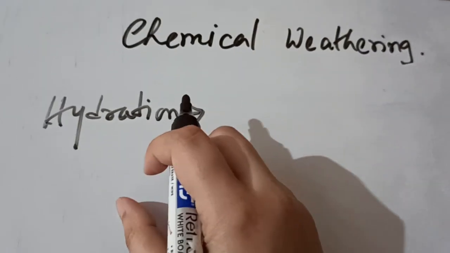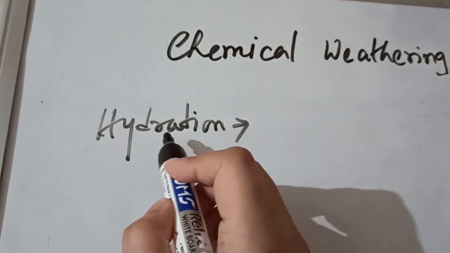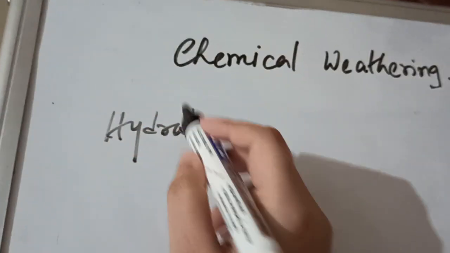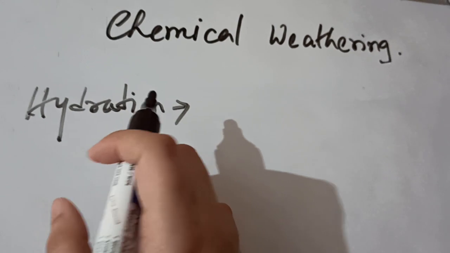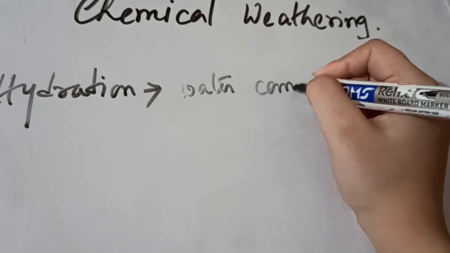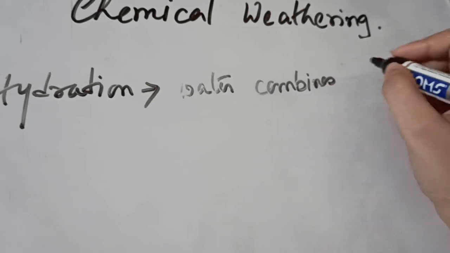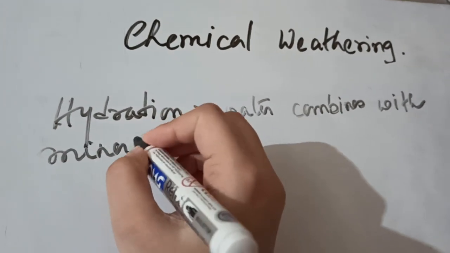So what is this hydration? In hydration, the key element is water, as you can understand from the term hydra, which is another word for water. So in this process, the water combines with minerals that are present within the rocks.